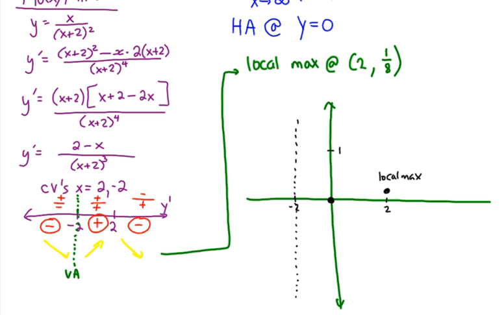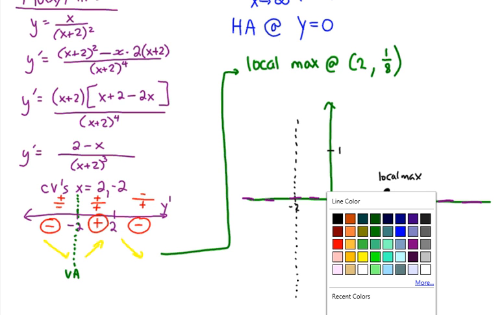Where else do we have an asymptote? At 0. You can cross a horizontal asymptote. Okay, so let's use yellow.